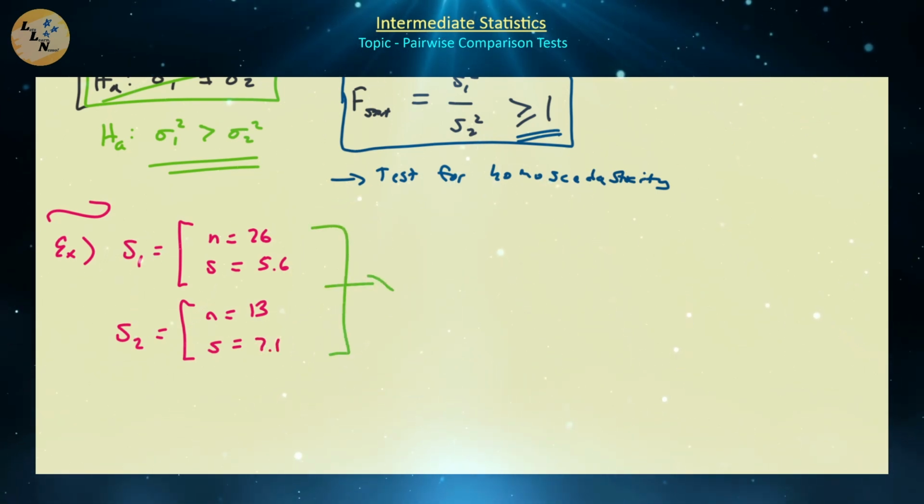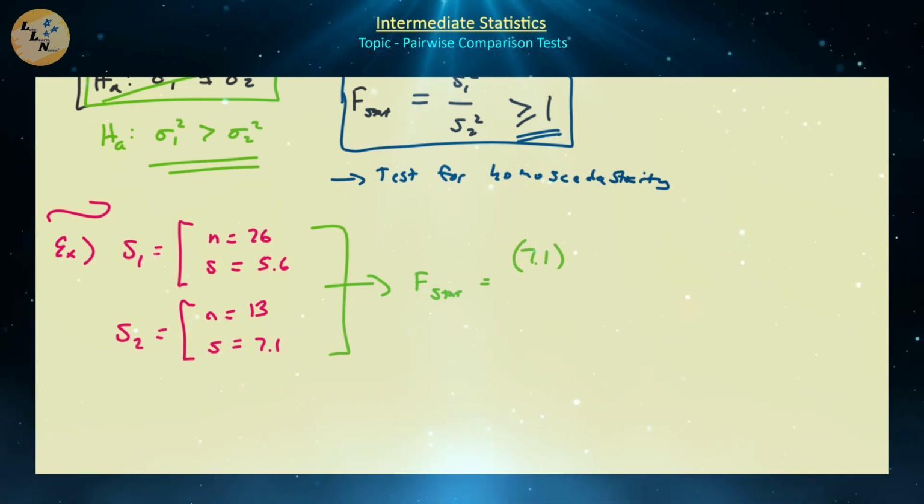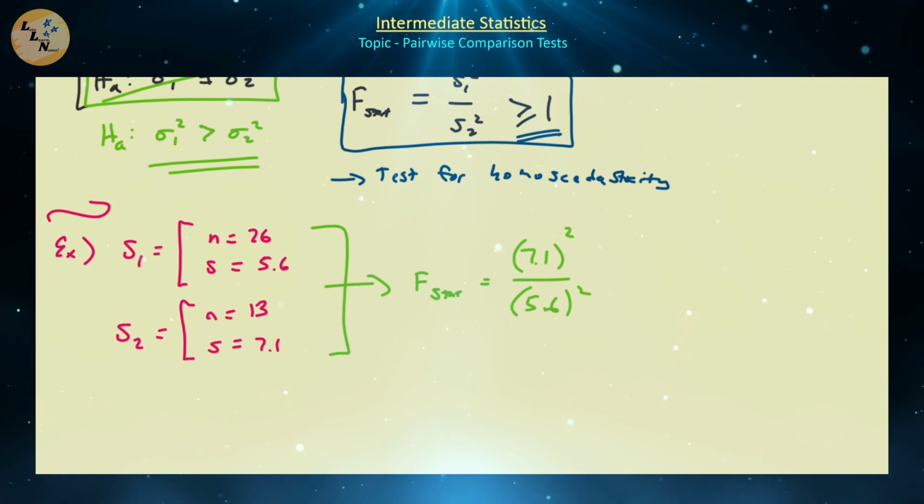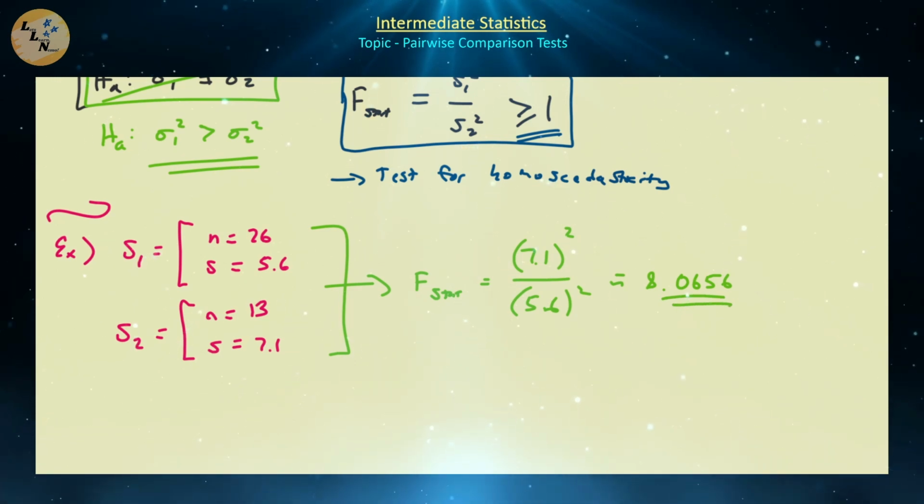From both of these sample statistics, we can get our F test statistic for our test for homoscedasticity to be equal to the larger variance, 7.1 squared, divided by 5.6 squared, the smaller variance, which one can find to be approximately equal to 8.0656. So clearly that is bigger than 1, but is it sufficiently bigger than 1 statistically?